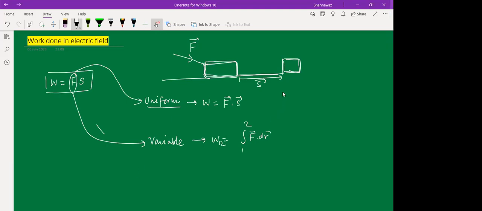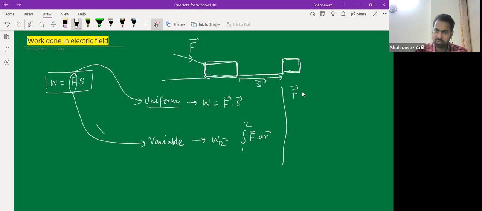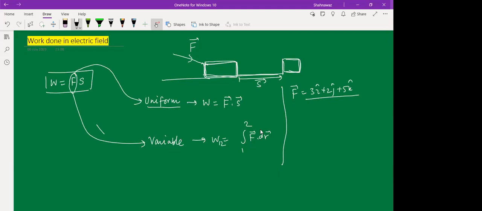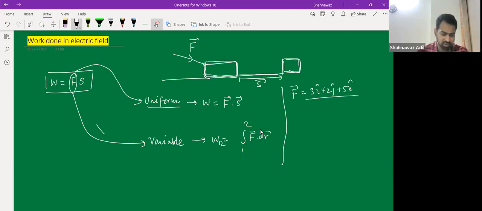Let's say that I have a force which is 3i plus 2j plus 5k. Is this force a variable one or the uniform one? Aisha's answer is uniform.